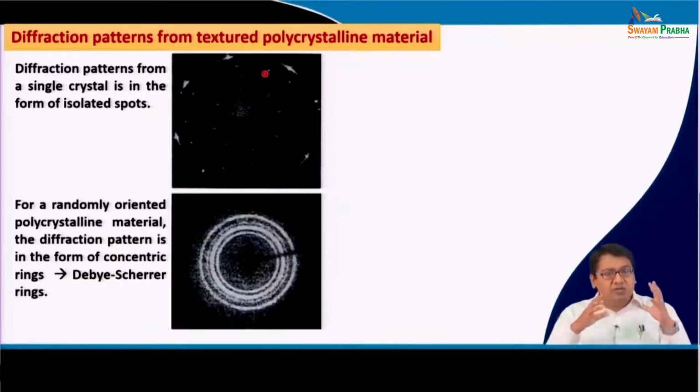Now, if we take a randomly oriented polycrystalline material, how can we do it? We take a polycrystalline material, we put it in a ball mill, we make it powder, and we get a lot of particles, and each of these particles will be polycrystalline, but there will be a lot of powdered particles.